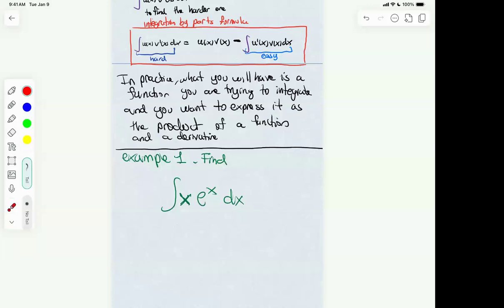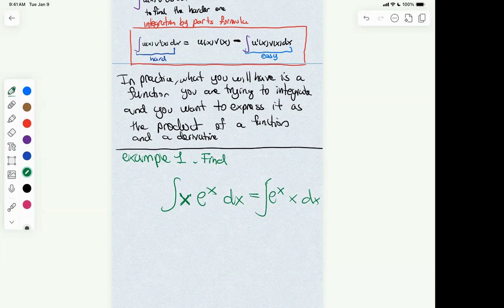Of course, when you write a product, you can write it in any order, right? If I write it this way, you might say this has to be u and the other one has to be v prime.